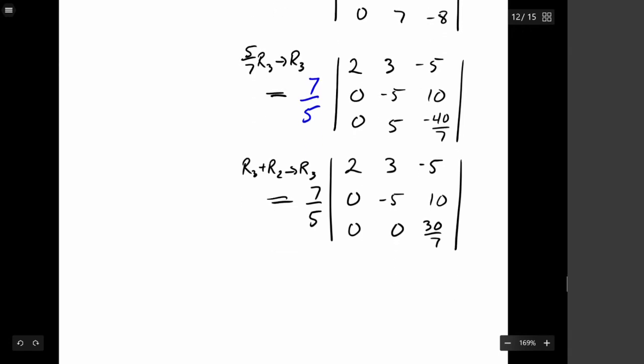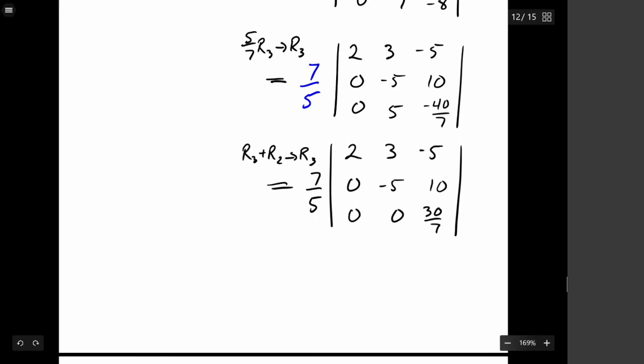Okay. So this is great. Now, if you really want, I want to show you one more thing we can do with these row operation tricks, because I think these are quite neat. So this row is a multiple of negative 5, right? So a trick we can do is factor -5 out of a row.